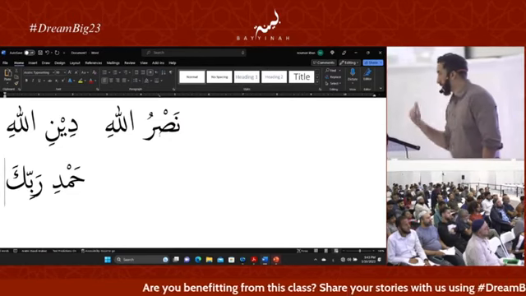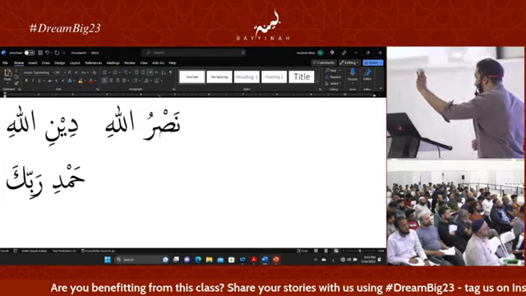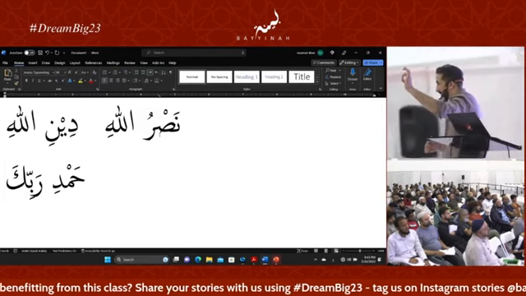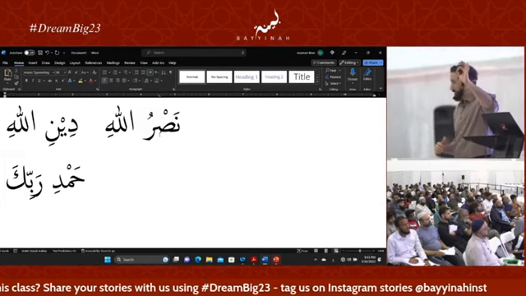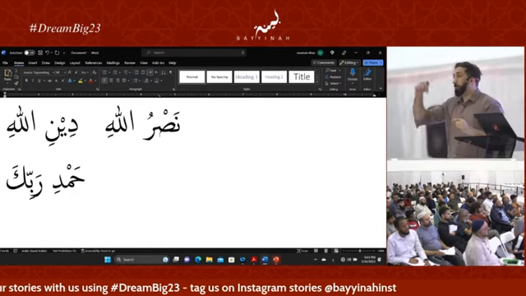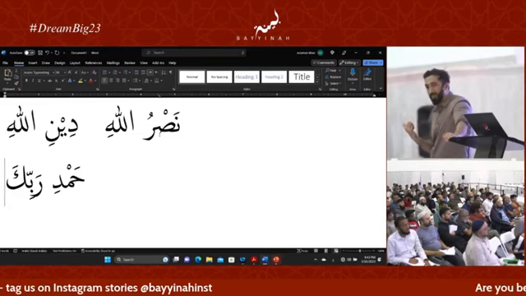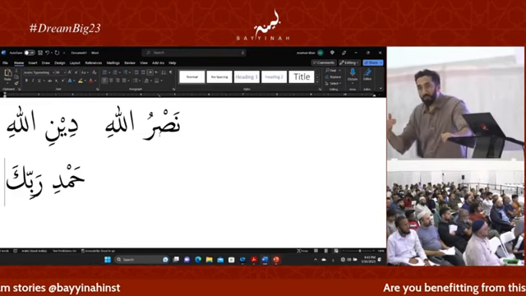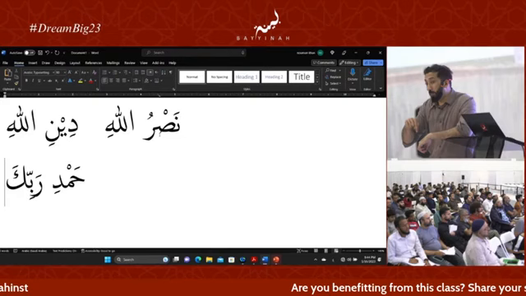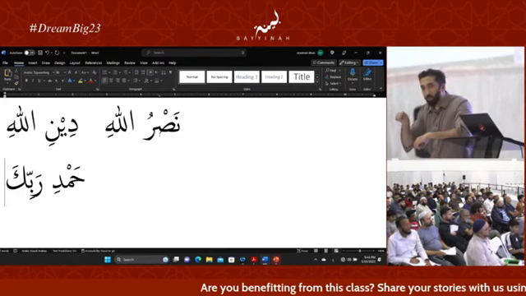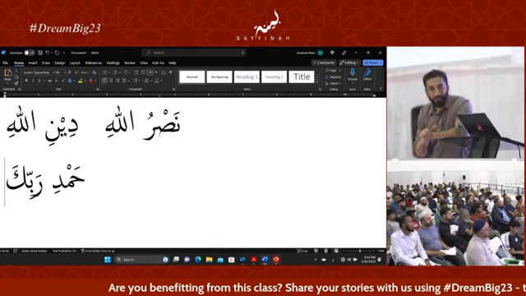Now this is the tricky one. Hamdi. Does it look like a mudaf? Why? Light, no al. Rabbi. Does it look like a mudaf ilayh? Why? Because it is jar. But does Rabbi also look like a mudaf? Why?